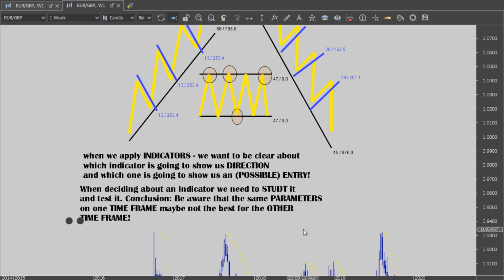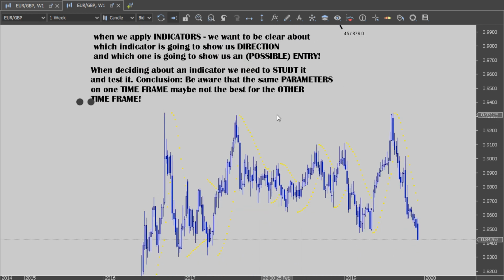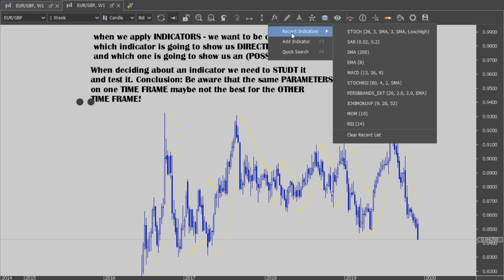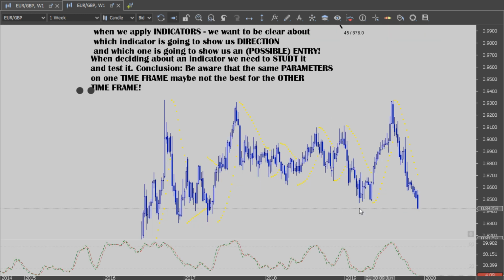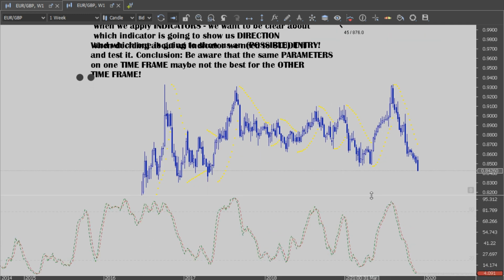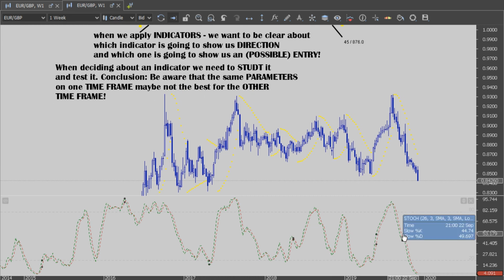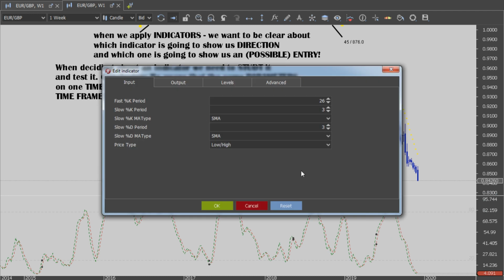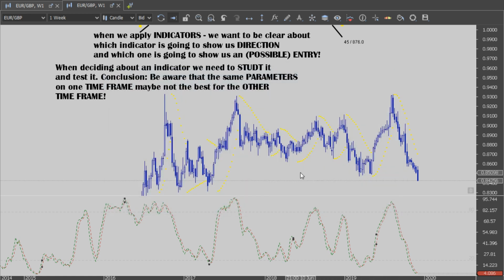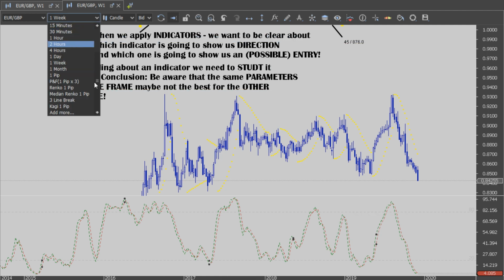This means that if I'm going to use the Stochastic, like in here, and I changed my parameter, the fast period is not 14 anymore, it's 26. Maybe it's okay for the weekly chart, but maybe it's not okay for the 2-hour chart.